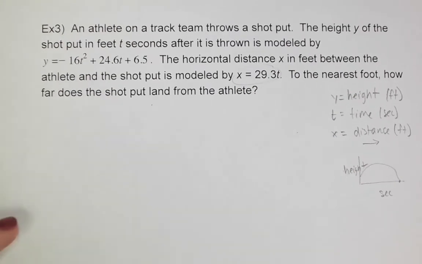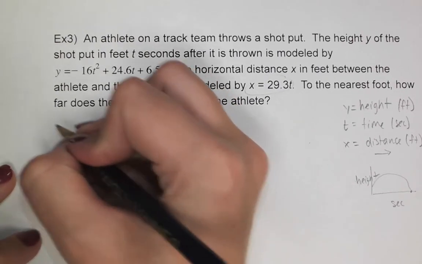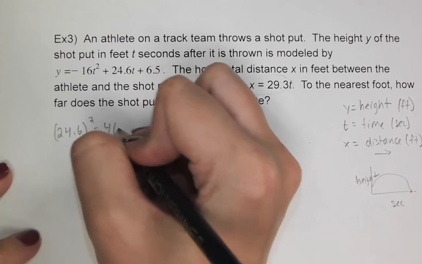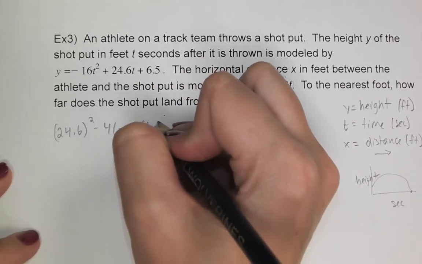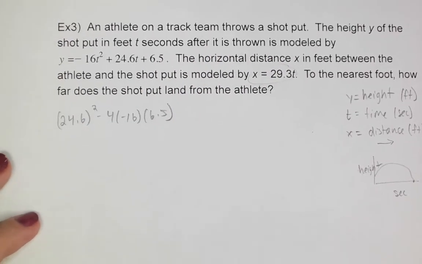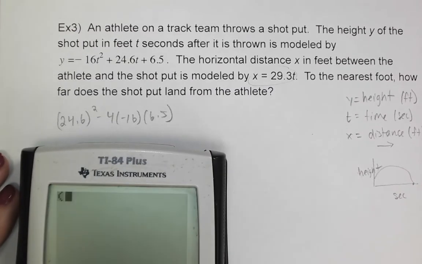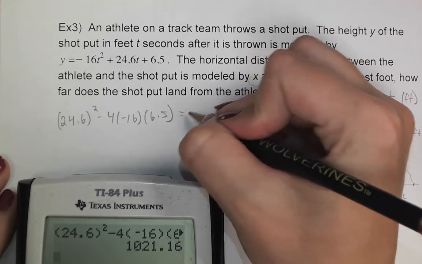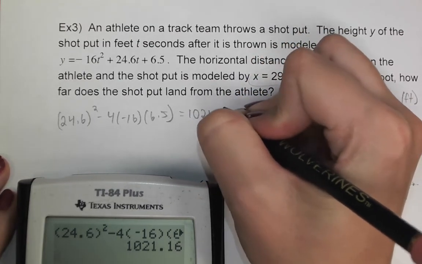So let's do the discriminant first, b squared minus 4ac. Alright, so I get 1021.16.